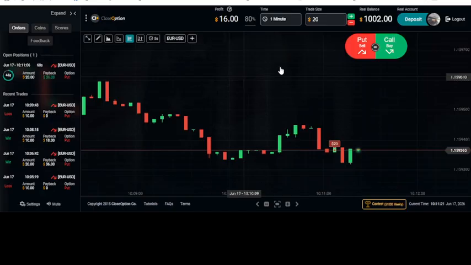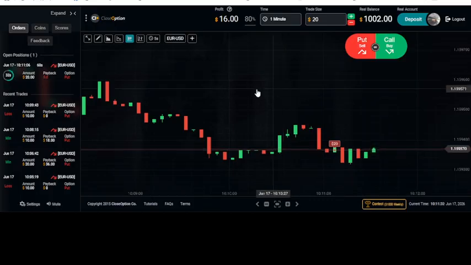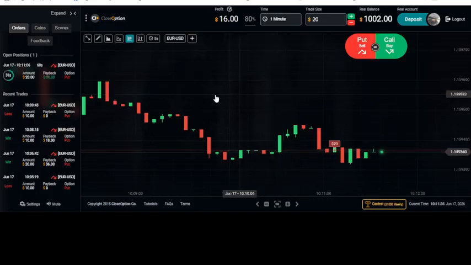And once again, if this trade loses, we're going to have to double it up to $40 on our next trade, martingale strategy. So before we do that, let's wait for the results of this trade.